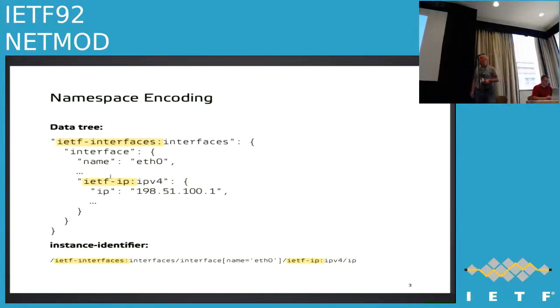And exactly the same rules are now in instance identifier, so a namespace has to be on the leftmost node in the instance identifier, and then each time the namespace changes.